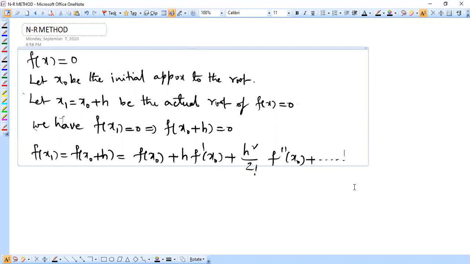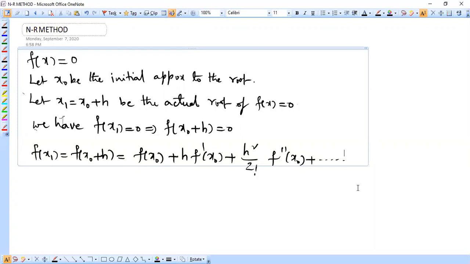But here, generally, we choose an initial approximation to the root which is very close to the actual one.